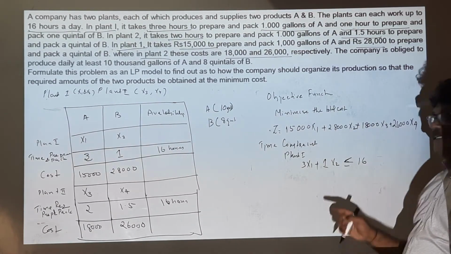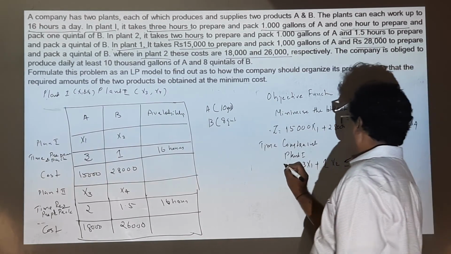We cannot go beyond 16 hours, so it will be less than or equal to 16. So this is the first one.